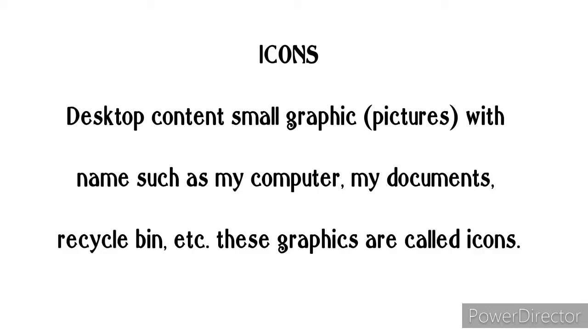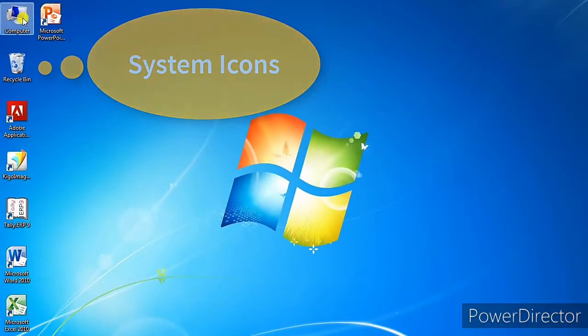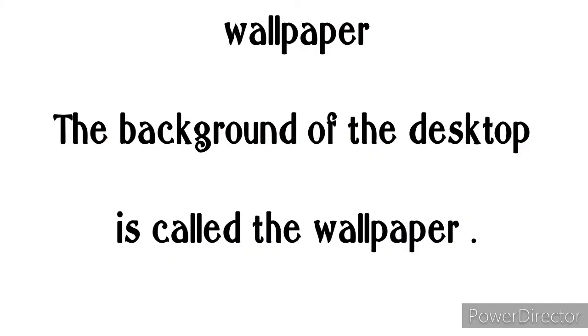Icon. Desktop contains small graphic pictures with names such as My Computer, My Documents, Recycle Bin, etc. These graphics are called icons. Look at this. Wallpaper. The background of the desktop is called wallpaper.